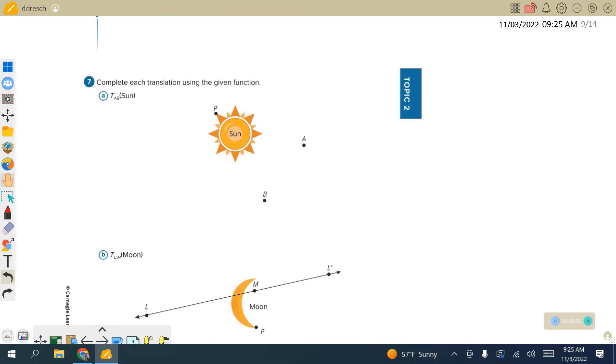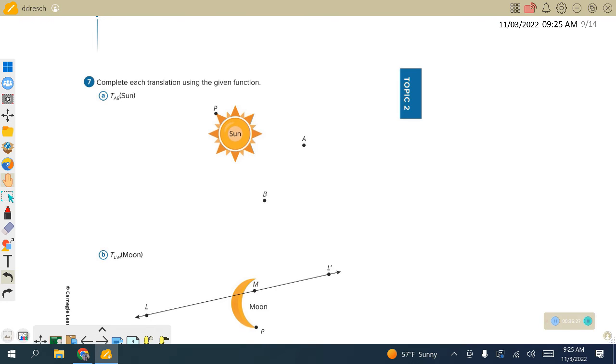And what we want to then do is take our patty paper, and wherever A is on our patty paper, we want it to land on top of B on our notes. So you've got your patty paper, nice and neat, P labeled out, A and B labeled out. And what do we need to do with point A to get it down to B? We need to slide it left and down, right?